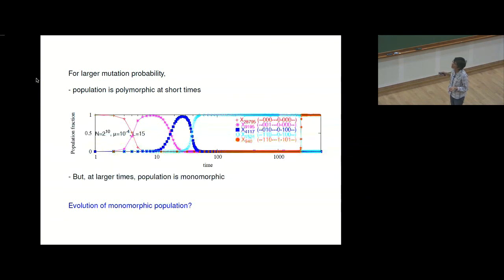But when it sort of tried to stay put, yet another one came. And that was so much better that it stayed for quite a long time. But then that also went away and this red one took over. So there is a lot of competition going on at short times. And at long times, again, it's as if there are just 2 types, even though the mutation probabilities are pretty high.